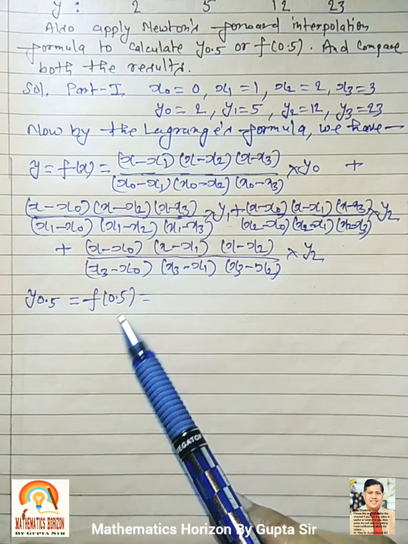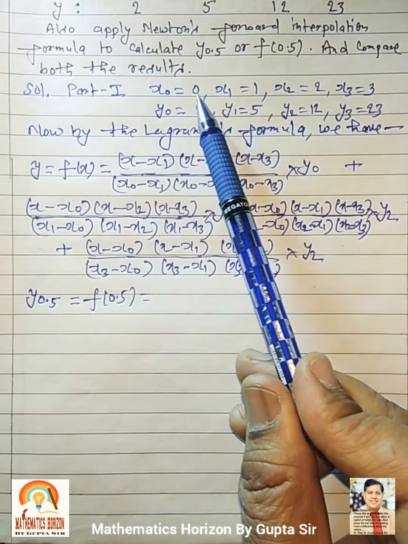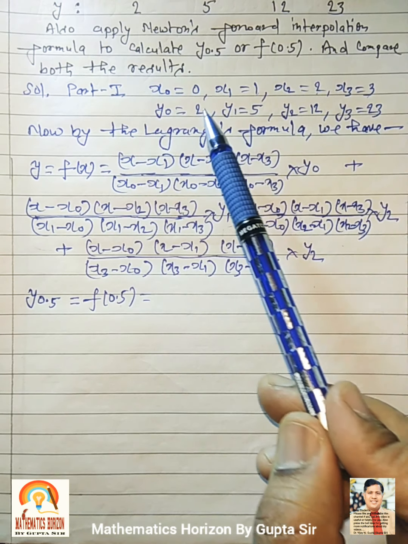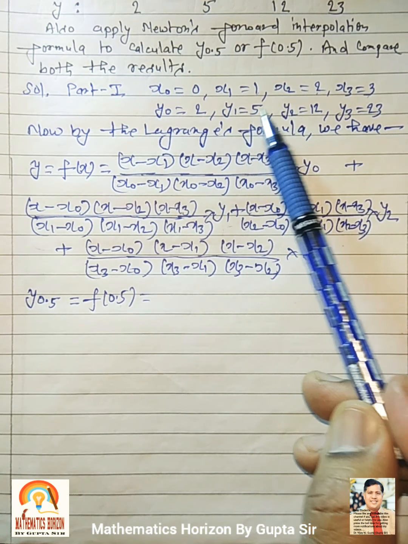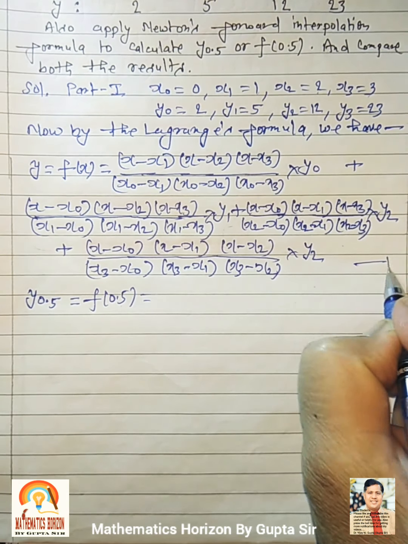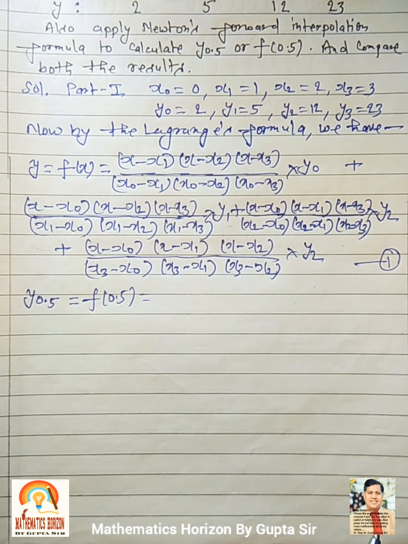Here we have to put x equal to 0.5, x0 equal to 0, x1 equal to 1, x2 equal to 2, x3 equal to 3, y0 is 2, y1 is 5, y2 is 12, and y3 is 23 in this equation number 1.